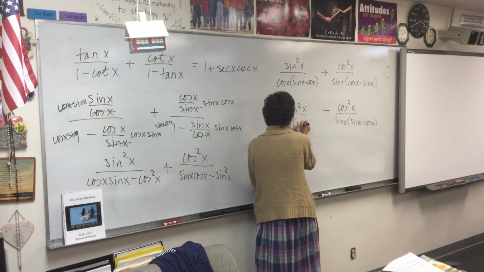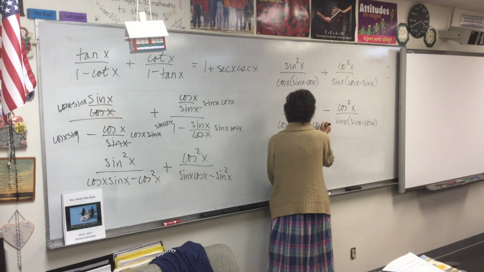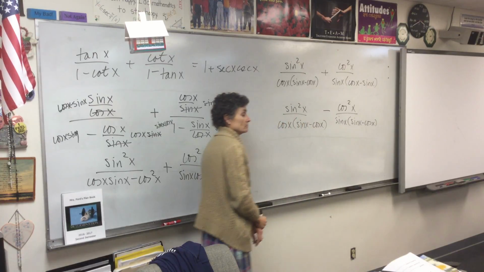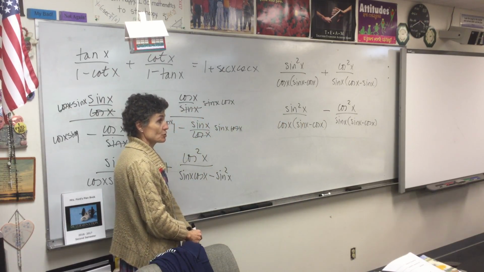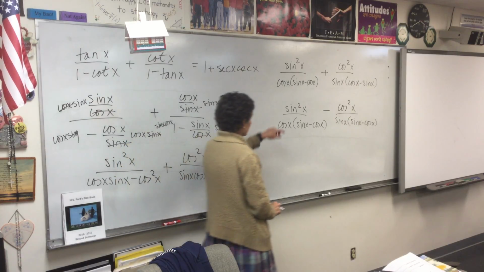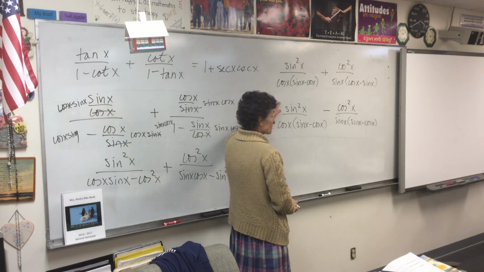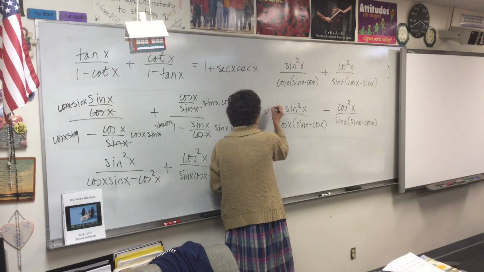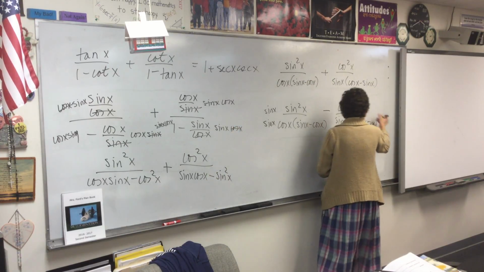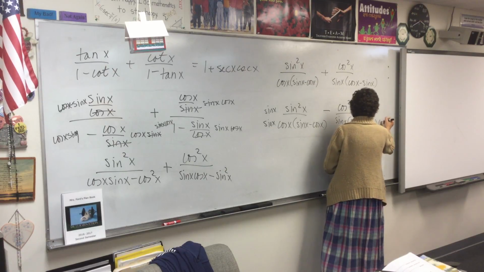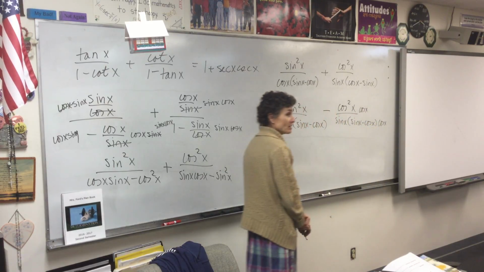So what would it take to make these denominators match now? Not very much. This one has to be times by sine, and this one by cosine. Now do the denominators match?